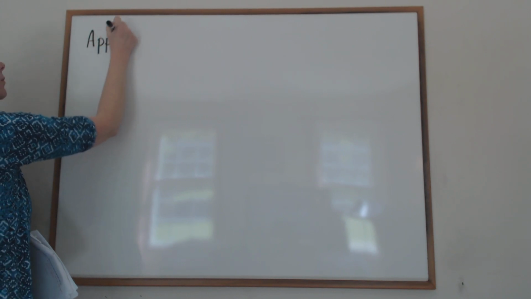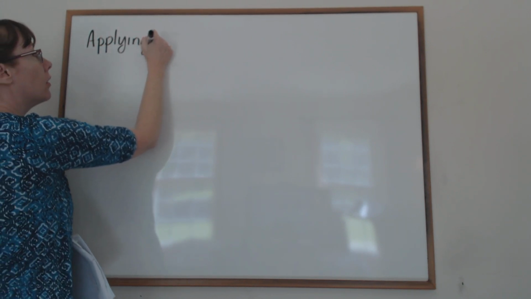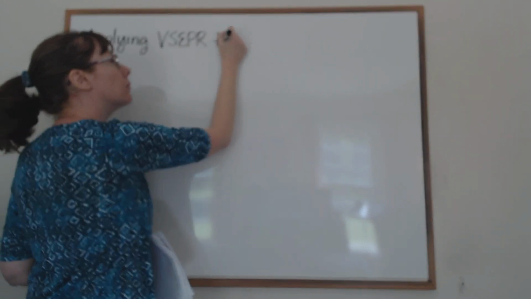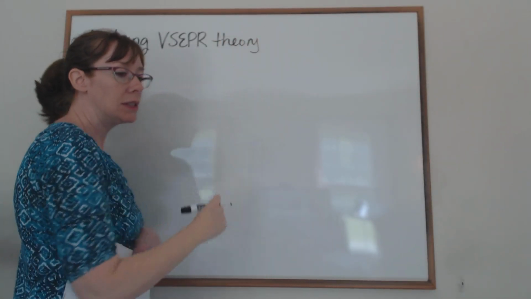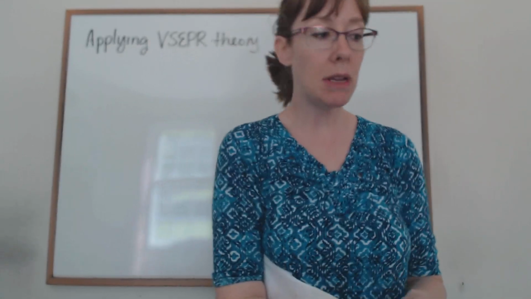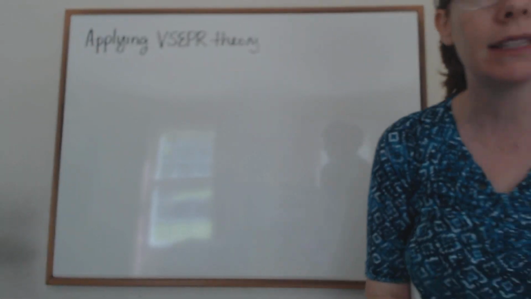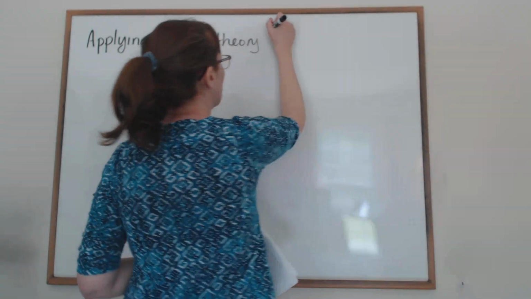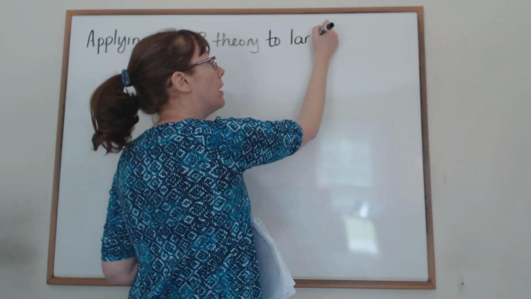So let's go ahead and put that on the board. Sometimes I've been calling it VSEPR theory, sometimes I call it VSEPR modeling. It's the same thing. So: applying VSEPR theory to large organic molecules, carbon-containing molecules.